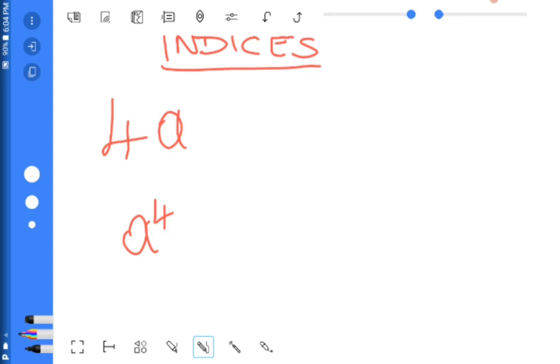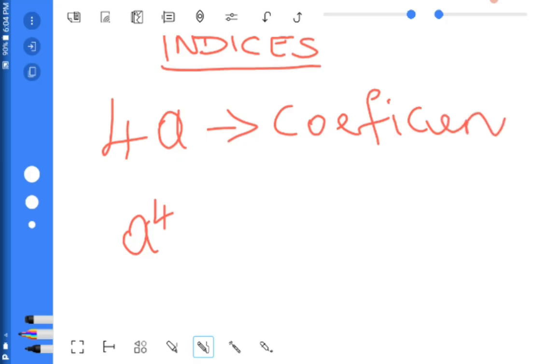Now, I want you to know that in this expression, 4 here represents the coefficient of a. So this 4 here is the coefficient of a.